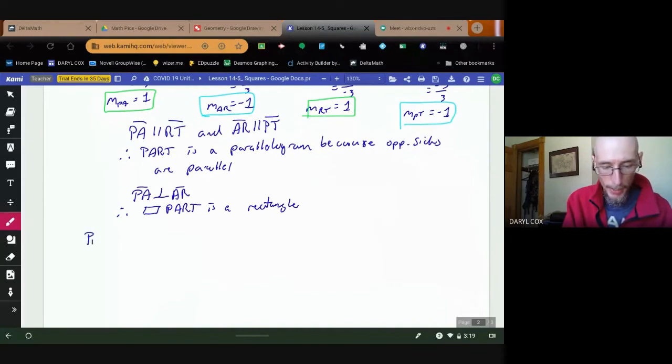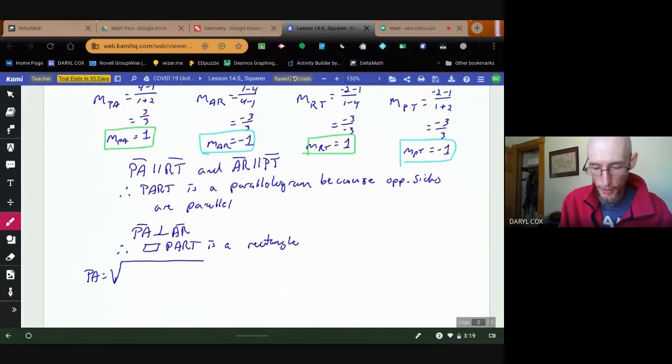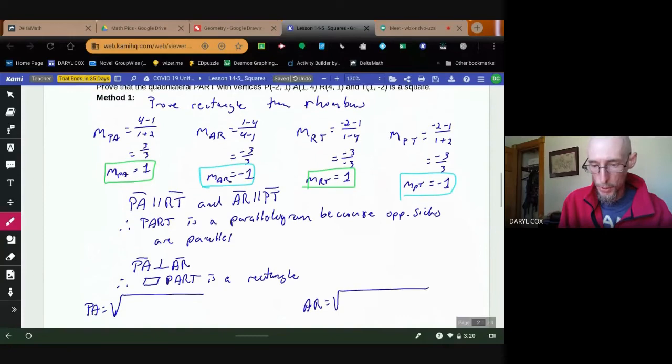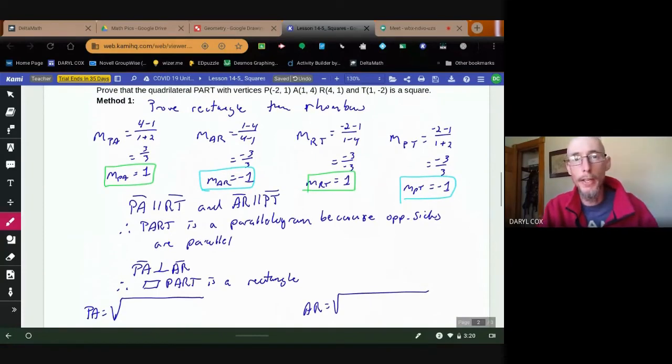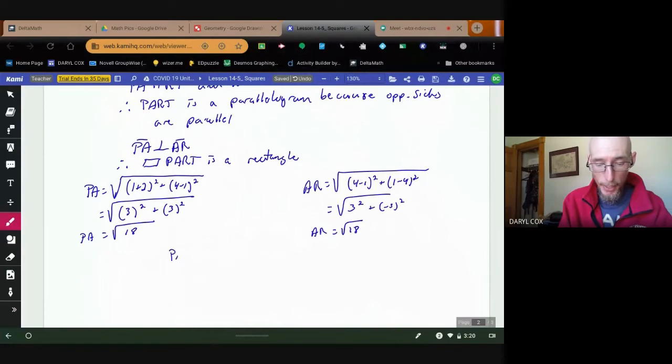So PA, using my distance formula, let me go back up to the top here. And what's the other one I wanted to do? AR, using my distance formula. So using those points, go ahead and calculate those two distances. Okay, so now I've got my two sides. I can now say segment PA is congruent to segment AR.